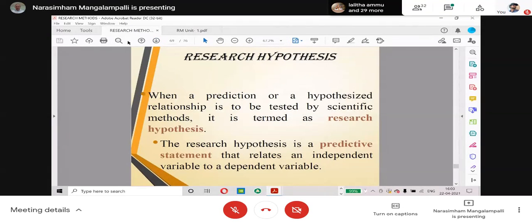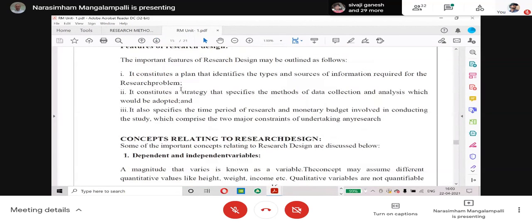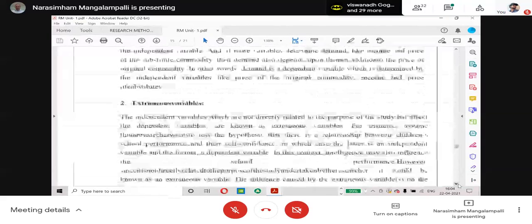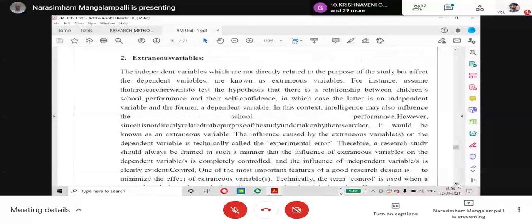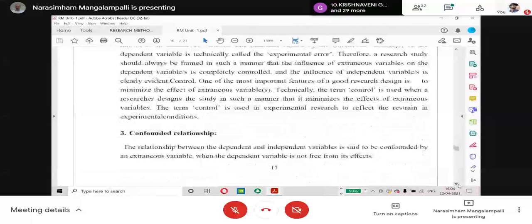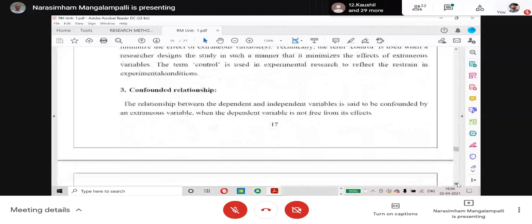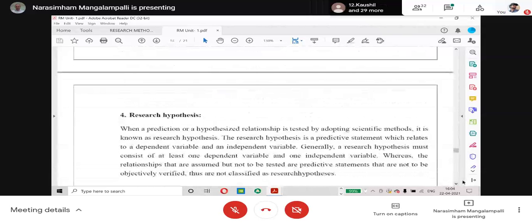So you can refer to the notes, page 15 onwards here. Dependent, independent variables, extraneous variables, confounded relationship, so you can go through it.